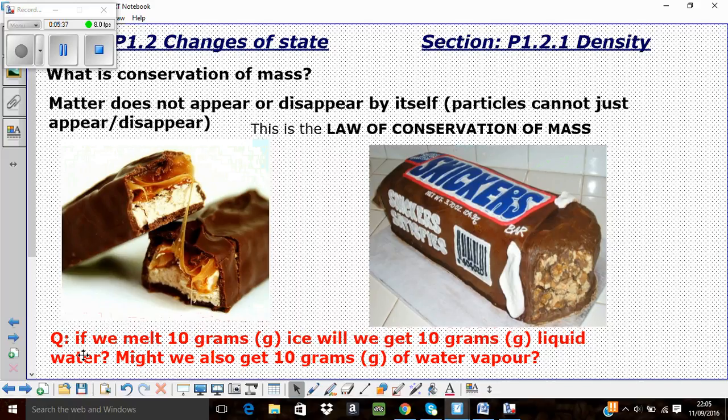Now, liquid water is also made of water molecules. Might we also get 10 grams of water vapor? Water vapor is also made of water molecules. So we have 10 grams of water molecules, H2O, that look like a solid or a liquid or a gas.